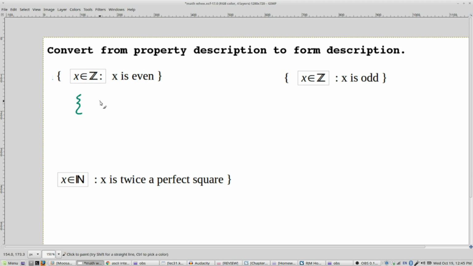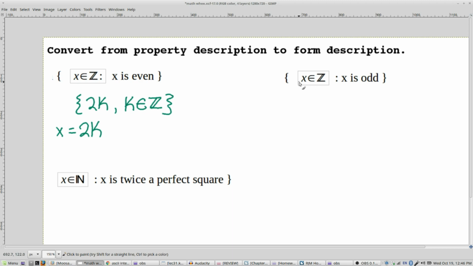So let's say it is 2 times some integer, but then we also have to explicitly specify that k is an integer, so we have to say that it belongs in the set Z. So here's the equation, here is the set that k belongs to. We're essentially saying x is equal to 2k, and we're putting this as part of the form, and we, again, have to explicitly specify that k is an integer.